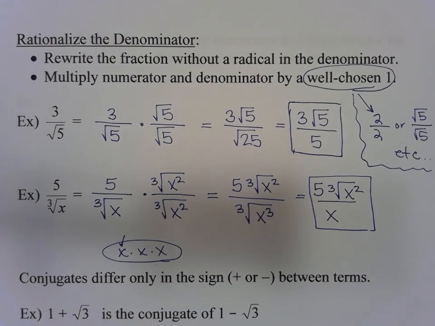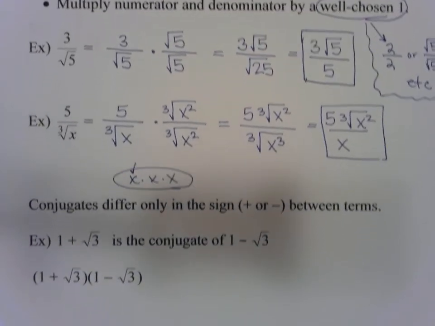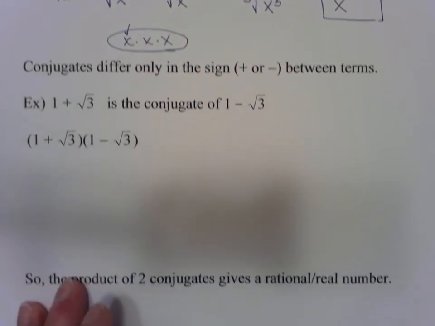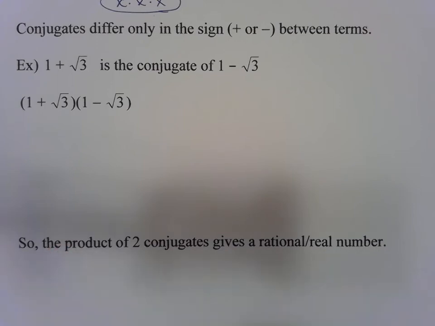Okay, so really, when we are working with square roots and cube roots, division really looks like rationalizing the denominator. So the way we divide is by doing what we just did with something called a conjugate.